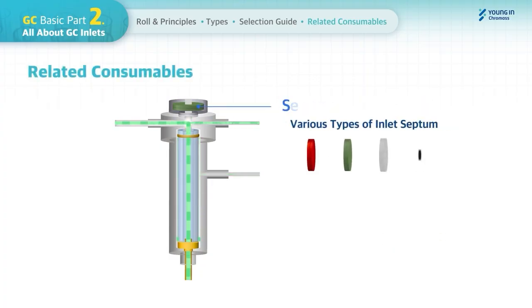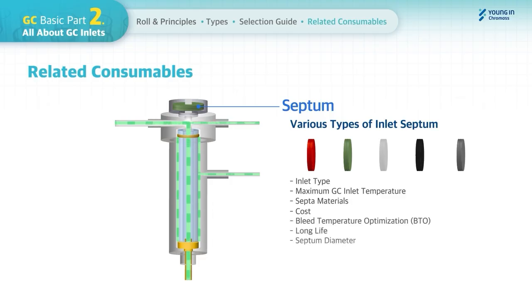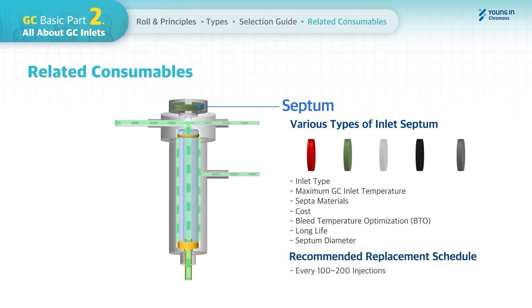There are various types of inlet septum depending on the inlet and several parameters, which are the maximum GC inlet temperature, septum material, cost, bleed temperature optimization, long life, and the septum diameter. It is recommended to replace a GC inlet septa every 100 to 200 injections to ensure accurate and precise results, prevent sample contamination, and maintain the integrity of the GC column.